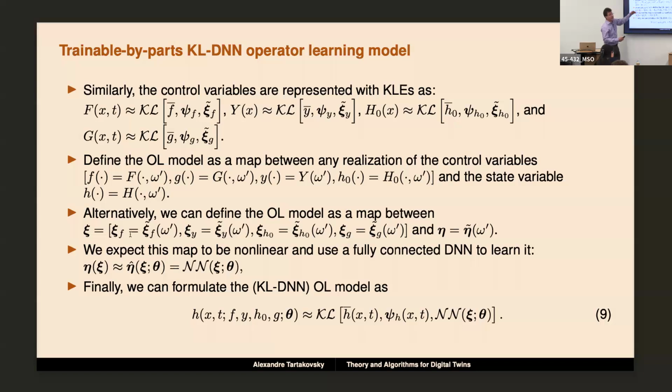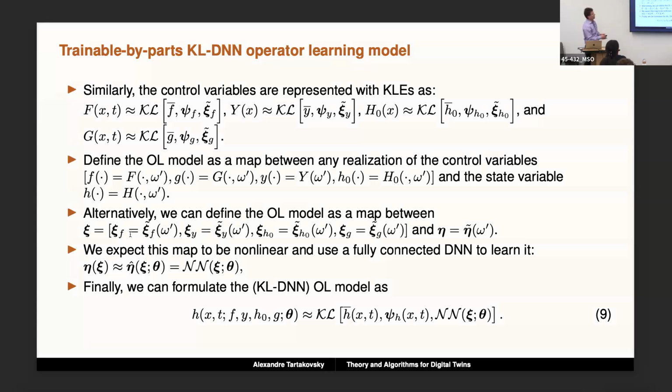Xi without tilde is an instance or realization of this random variable, so this is a deterministic vector of parameters in the expansion. So now xi's become the parameters in all of the expansions of the control variables, and eta is a deterministic parameter in the expansion of the state of the system.